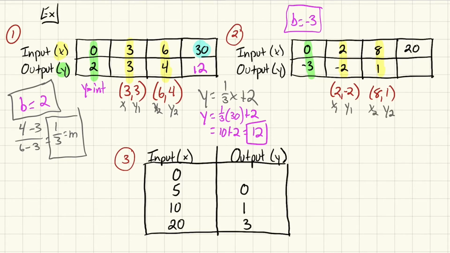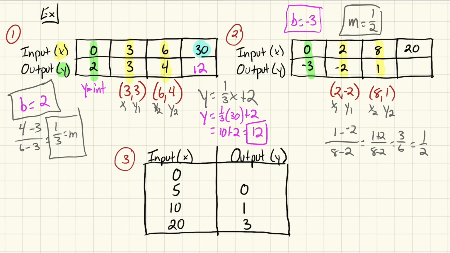Remember our slope formula says 1 minus -2 over 8 minus 2, which ends up being 1 plus 2 over 8 minus 2, which ends up being 3 over 6, which reduces all the way to 1/2.